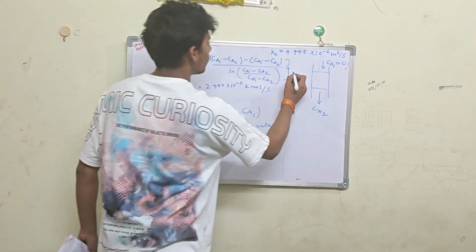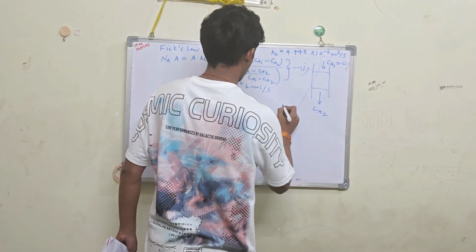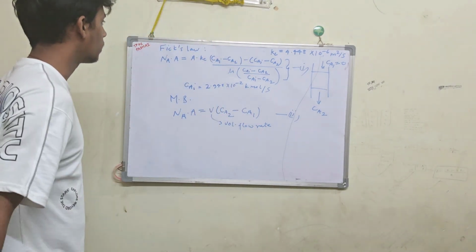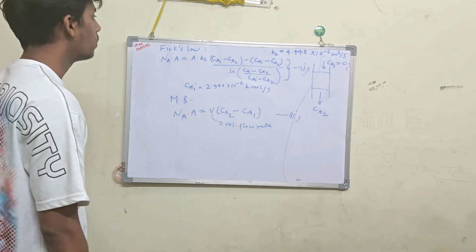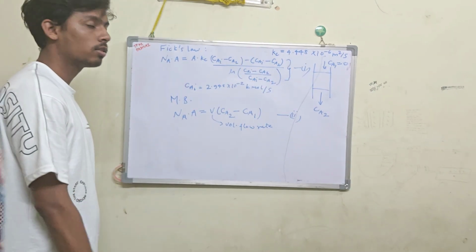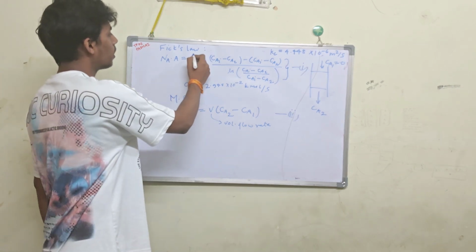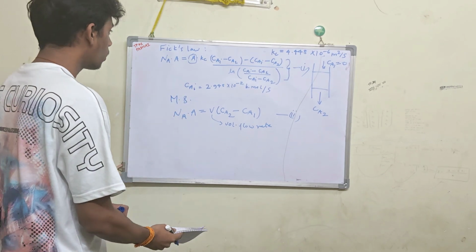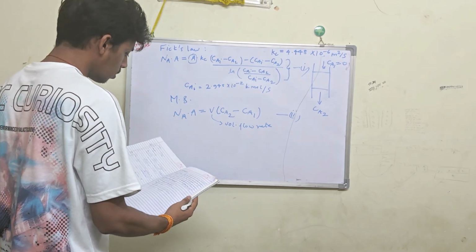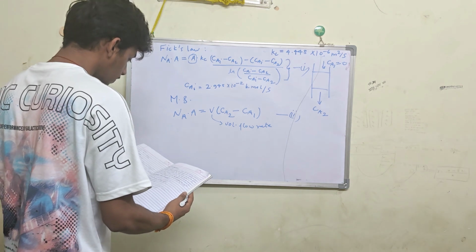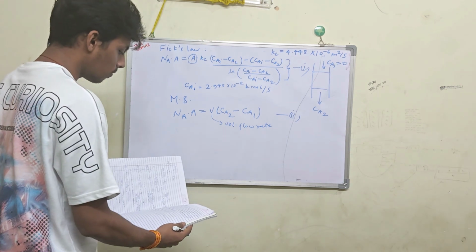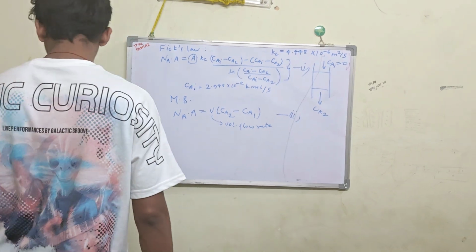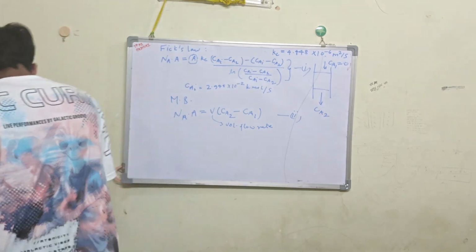Now this is equation 1, this is equation 2. If we equate both these equations, then we'll get the value of CA2 because everything else is given in the question. This area was given, which was total surface area, 0.01198 meters square. This was given already in the question. So let's put all these values.